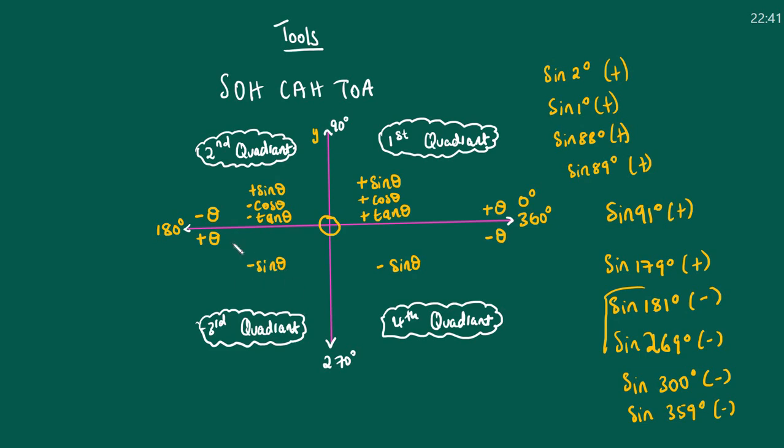And then in the next quadrant, tan is the only one that is going to come out as positive, but when you try cos and sine, you're always going to get negative answers. And in the last quadrant, cos is the only one that is going to be positive, and the rest of them are going to be negative.